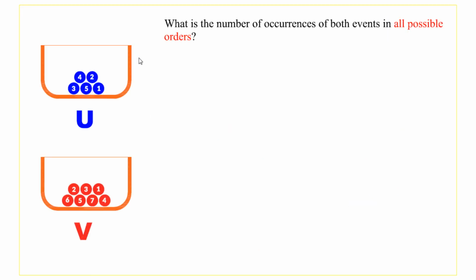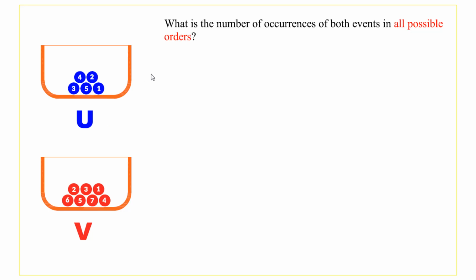There is another case for the permutation formula which can be explained using the following question. What is the number of occurrences of both events in all possible orders? So now we have the order of UV and VU.